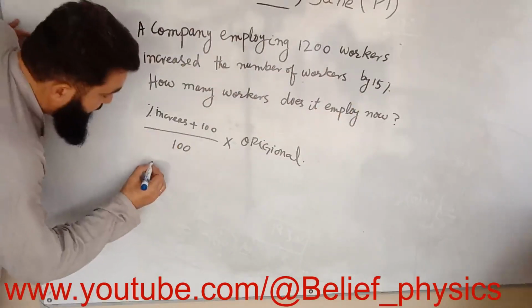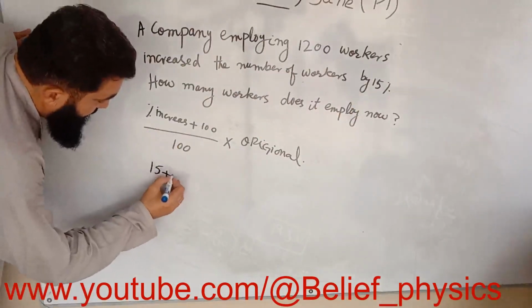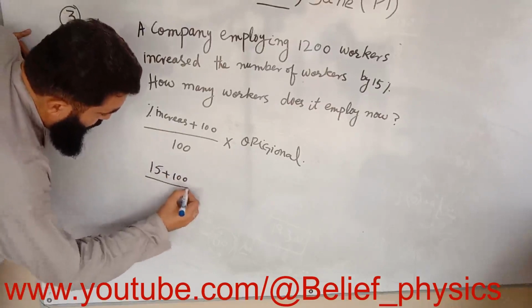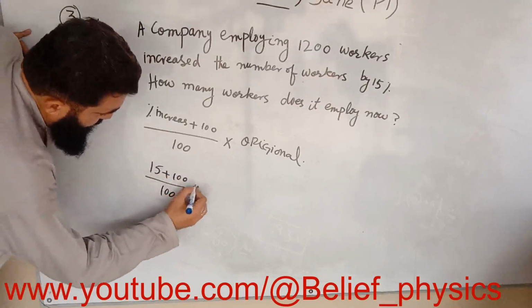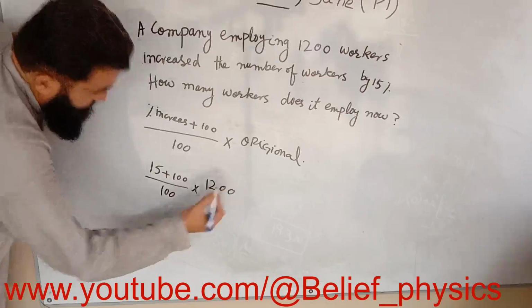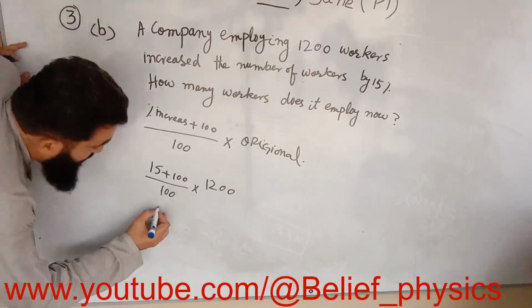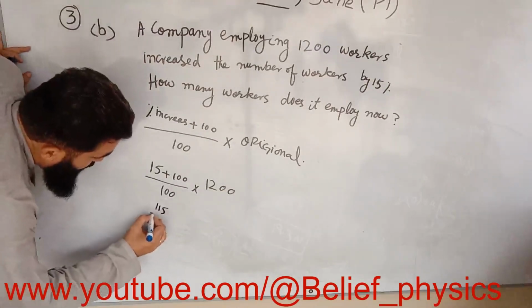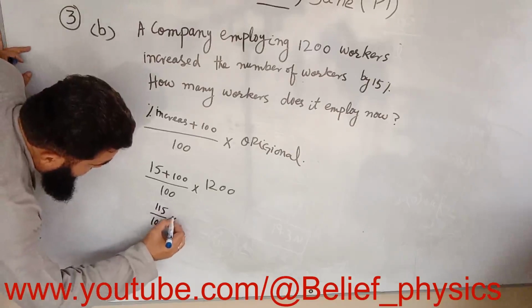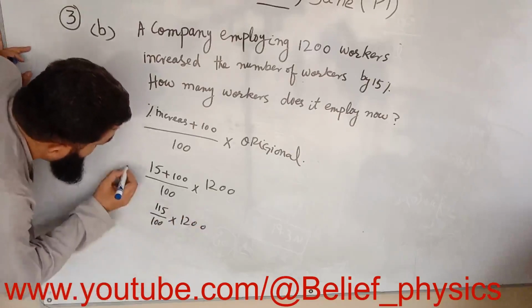So 15 plus 100 over 100 into 1200. This is easy. Now 15 plus 100 is 115. So we write 115 over 100 into 1200.